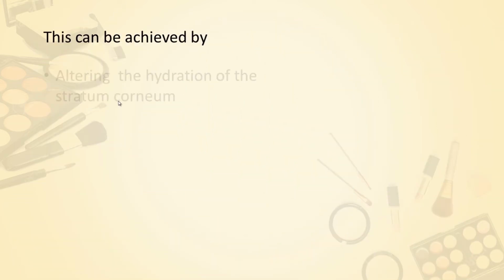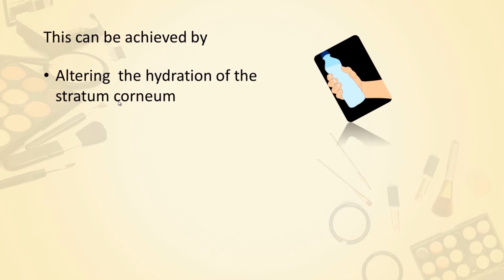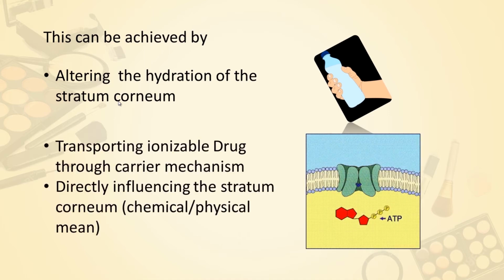This alteration can be achieved by altering the hydration of the stratum corneum using occlusive formulations, or by transporting ionizable drugs through a carrier mechanism, and by directly influencing the stratum corneum using chemical or physical means.